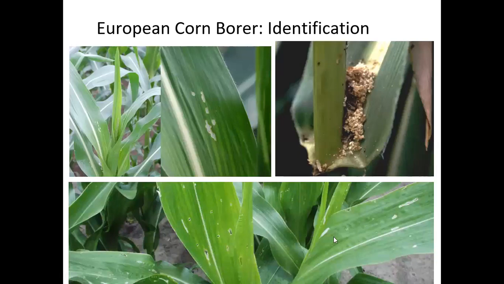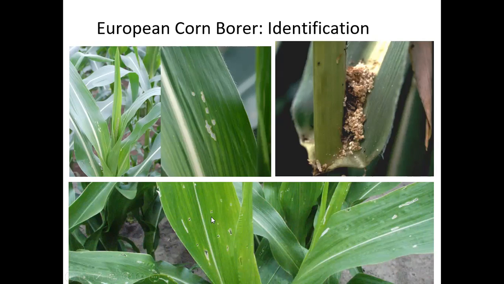Once it hatches, the larvae are very small and they don't have well-developed mandibles at that point. So they will do a little bit of just kind of scratchy feeding on the undersurface of the leaf. They'll take that tender underleaf material and they can't even make it through the cuticle at that point, so they'll leave the cuticle behind, making these little windows in the leaves.